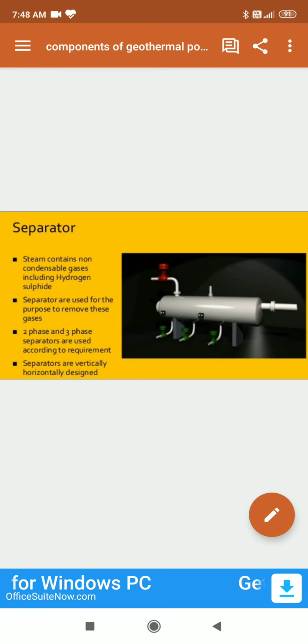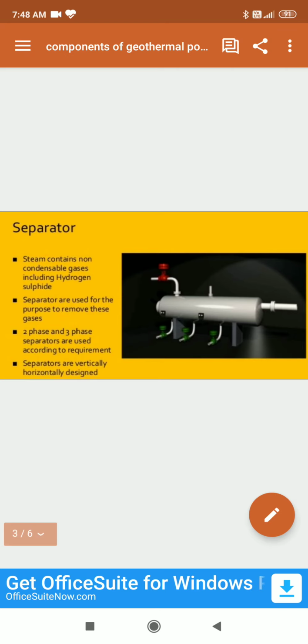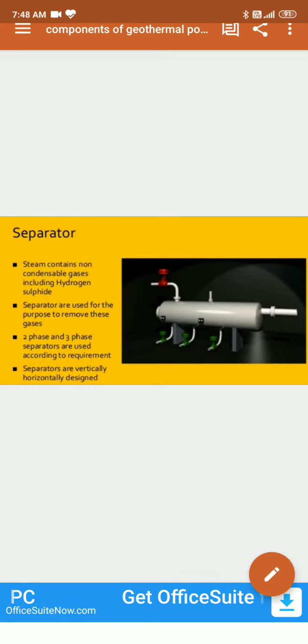So we need to separate these other gases. It is very important, otherwise there will be a chance of corrosion or damage to turbines or other equipment used in this geothermal power plant.